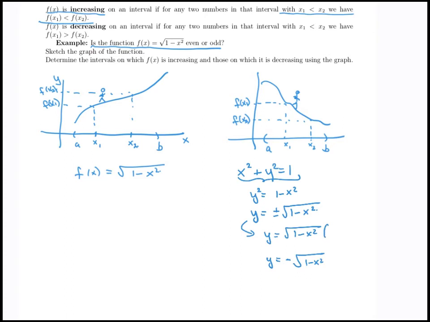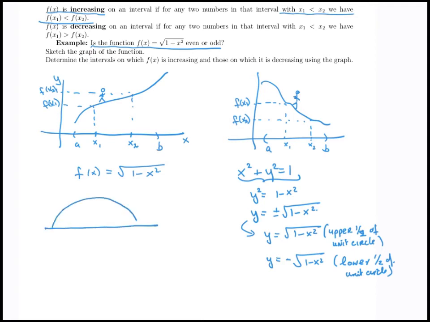This one describes the upper half of the unit circle, and this one describes the lower half of the unit circle. The unit circle is just a circle with radius 1. So we're looking at the upper half of the unit circle here.